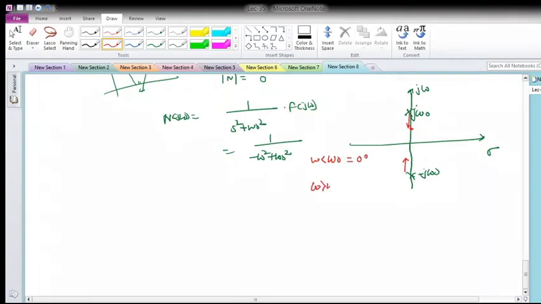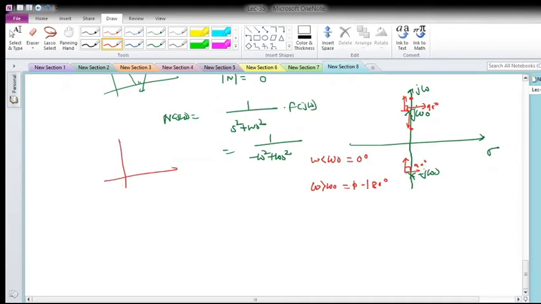When omega is greater than omega naught, suppose a point here, the angle contribution from this and this is plus 90 degrees and also plus 90 degrees. But these are poles, so they go to the numerator and it becomes minus 180 degrees. So what conclusion can I draw? The angle contribution from the pole pair is a sudden jump from 0 to minus 180 degrees.